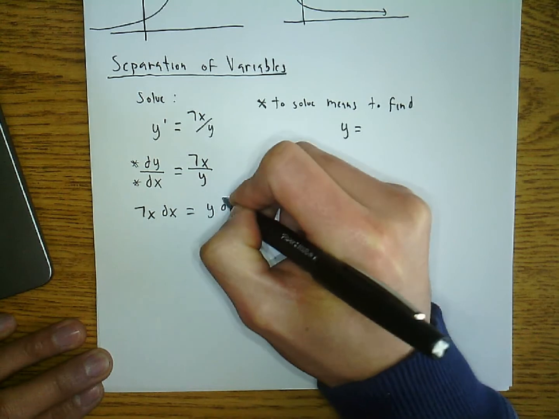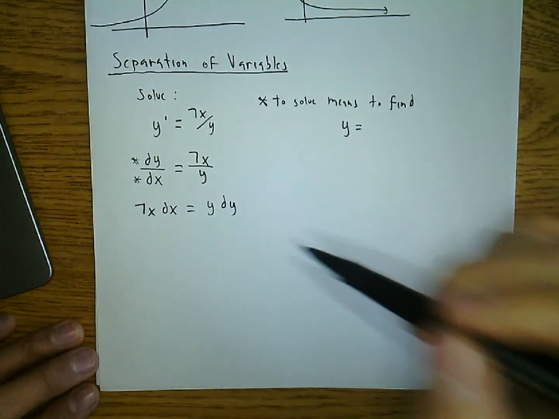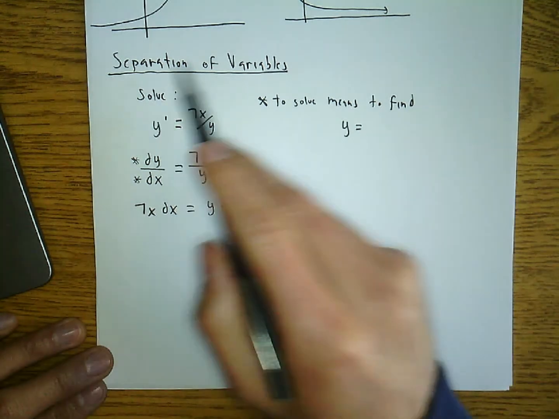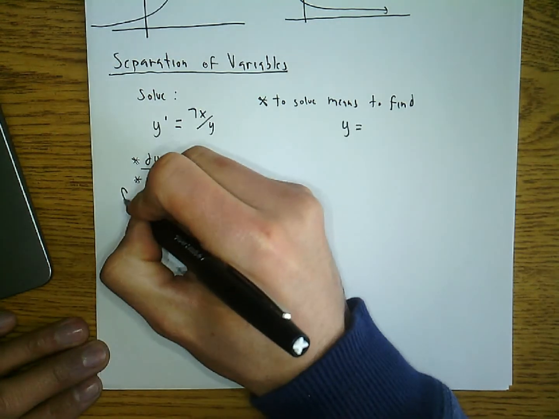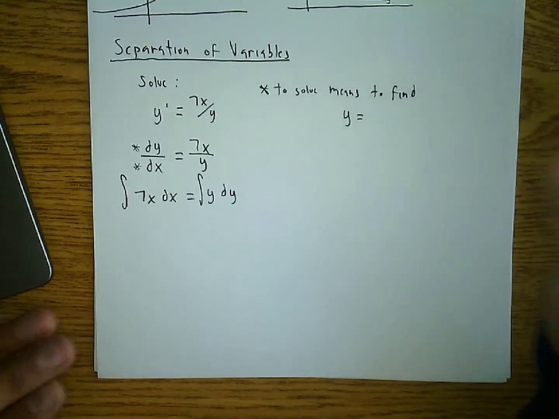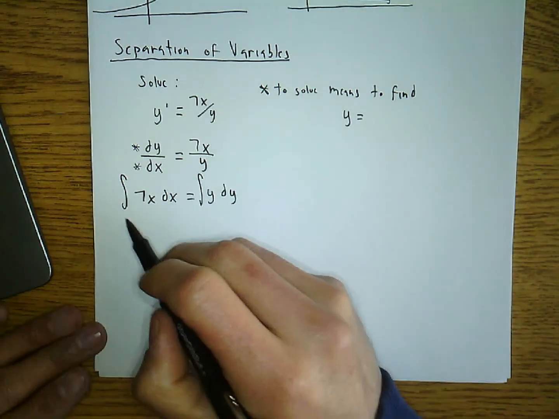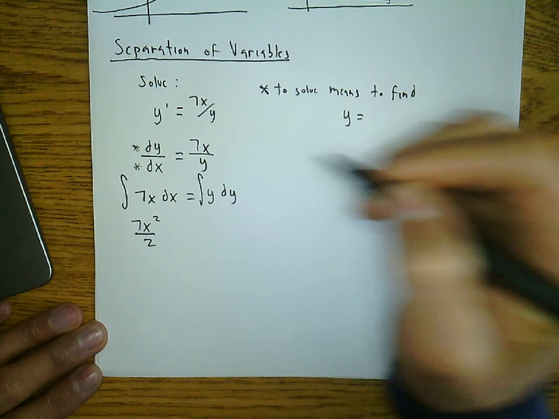What you just did is you successfully separated the variables. Each variable is with their corresponding variable. Now to solve the equation, you have to use your knowledge of antiderivatives. Okay, so this should be easy. The integral of 7x would be 7x squared divided by 2 plus some constant.